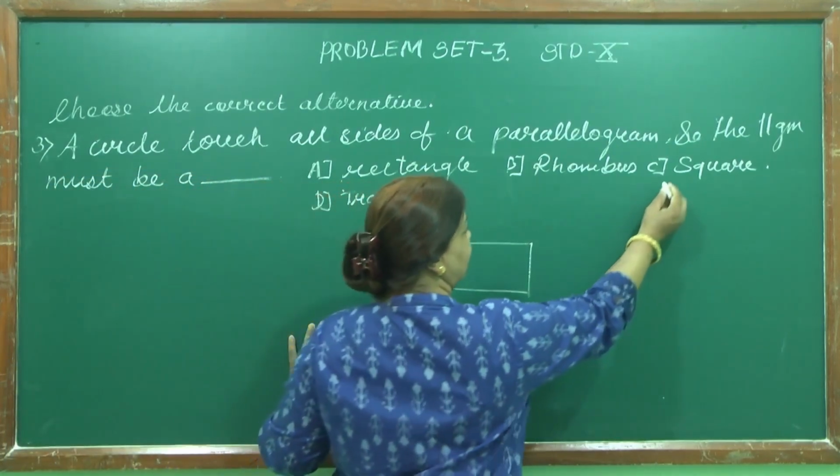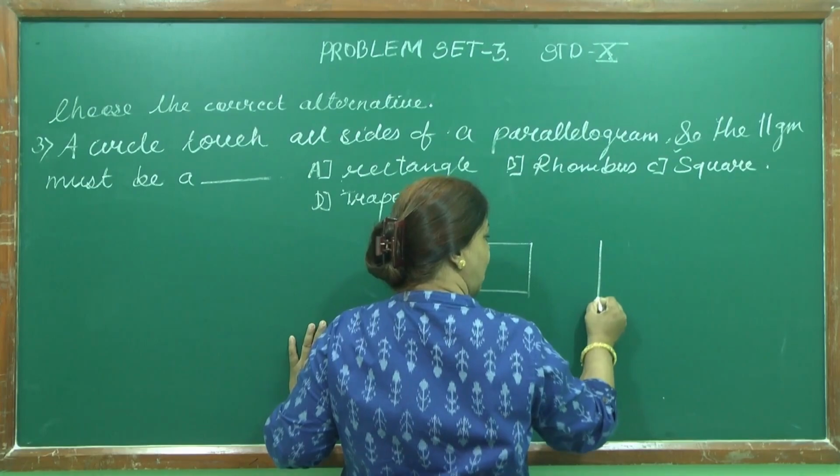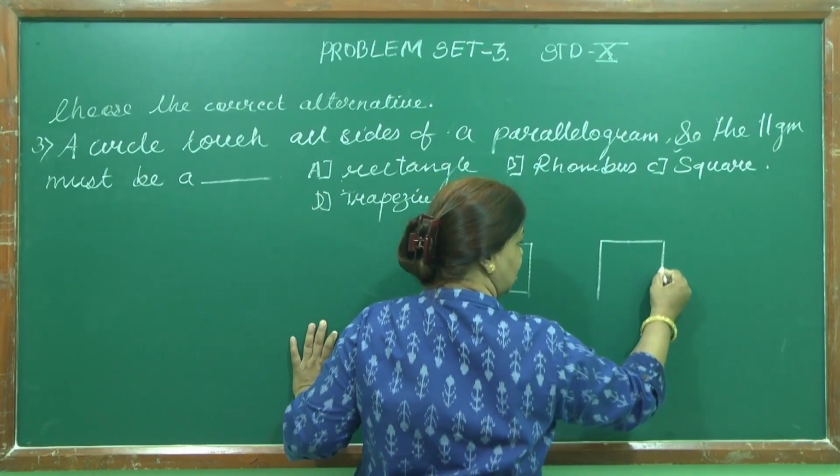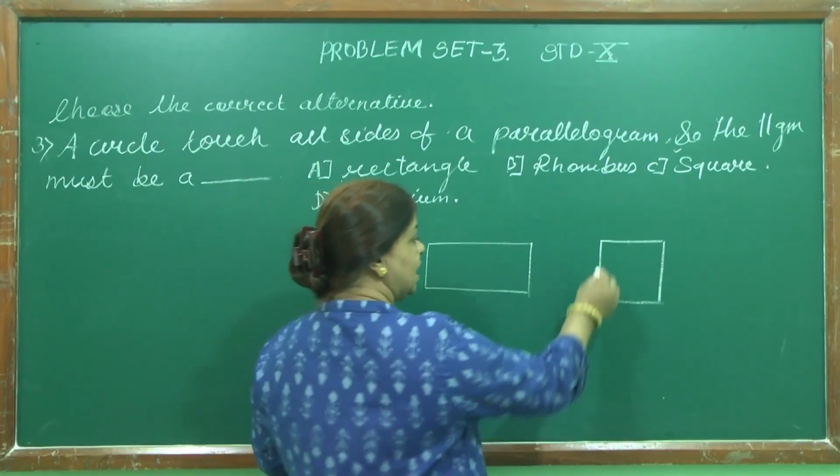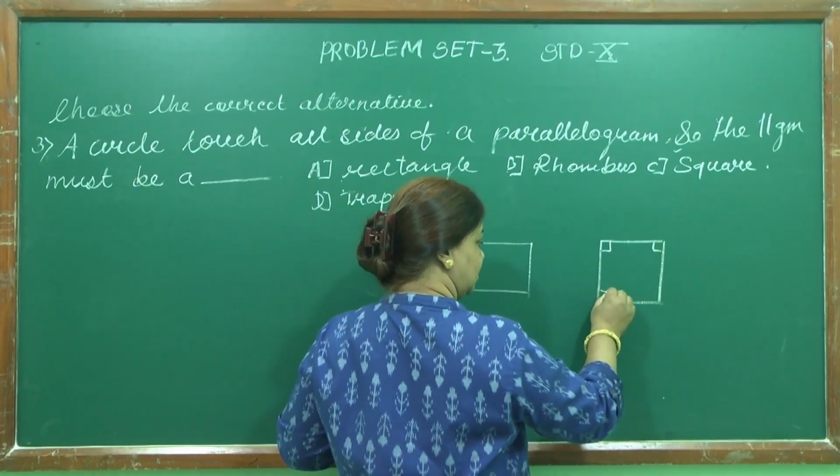A rhombus, let us see for the square first. A square is the one in which all the sides are equal, and each angle is 90 degrees.